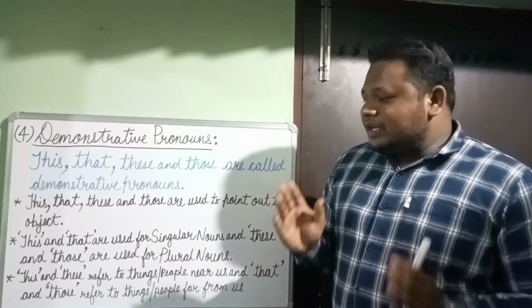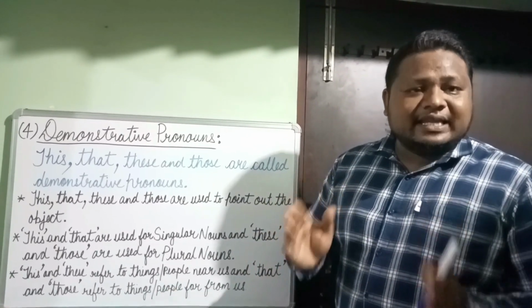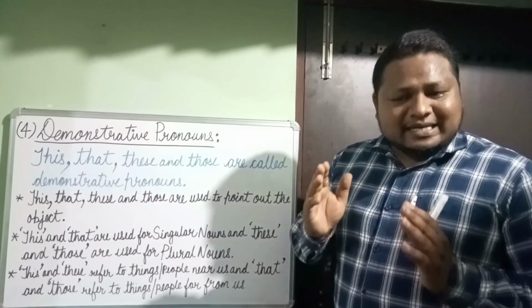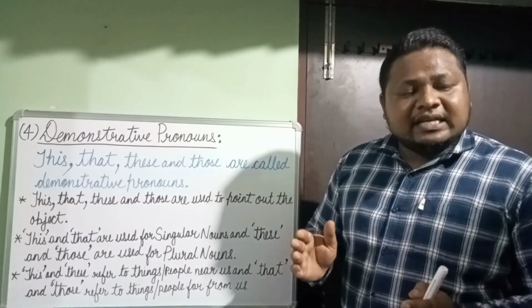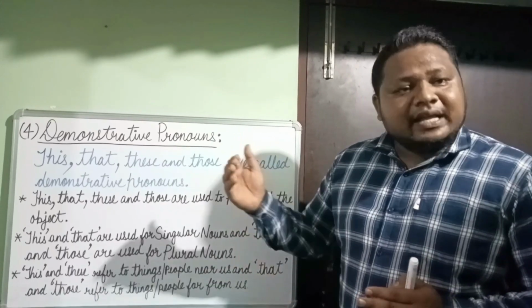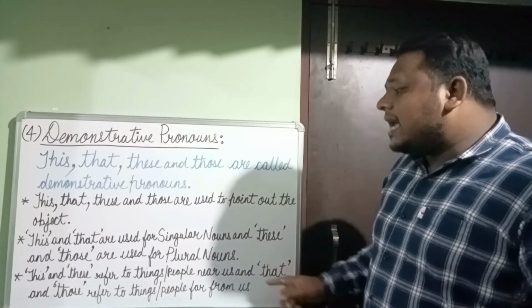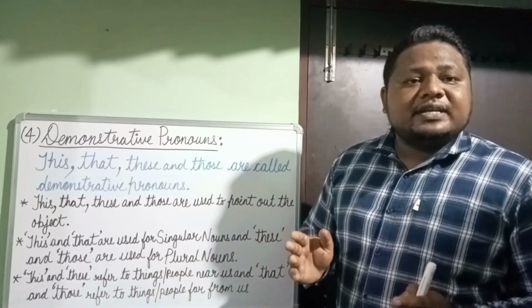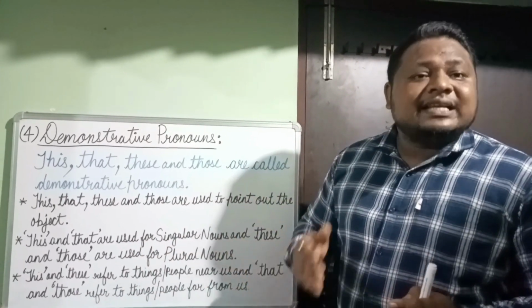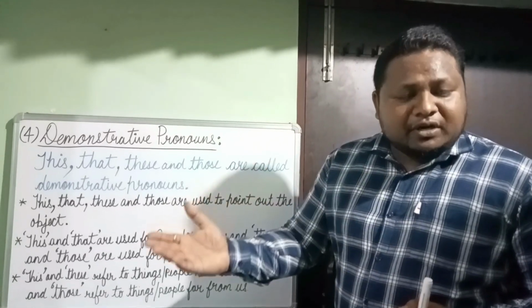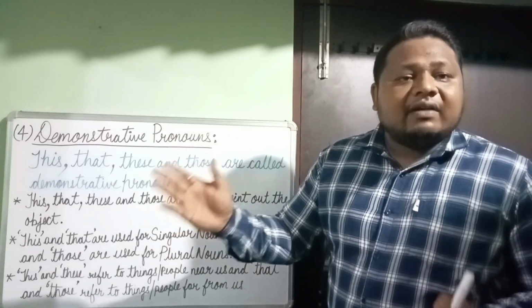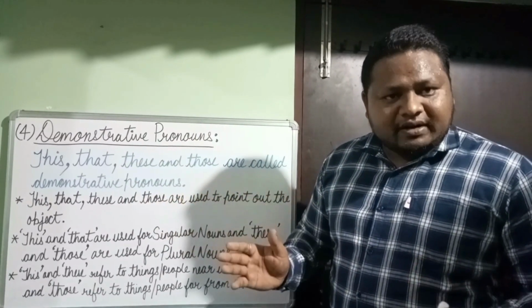We use this and these to point out objects, things, or people which are near to us, and we use that and those to point out objects, things, or persons that are far from us.